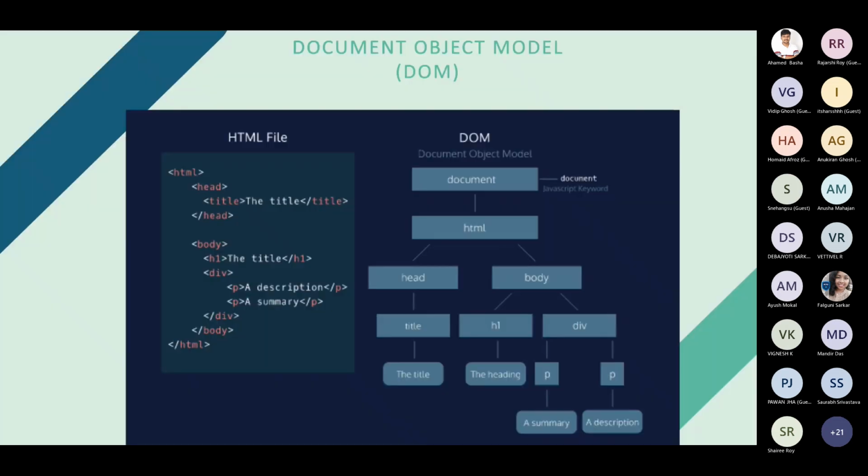Now some very important stuff about JavaScript is the document object model. DOM here stands for document object model. Basically it treats any HTML document as a tree structure wherein each node, as in these blocks, is an object representing a part of the document.